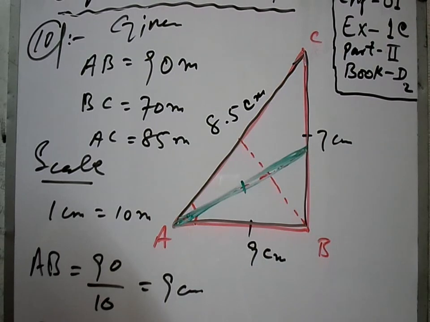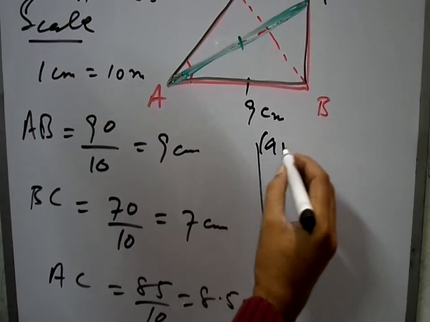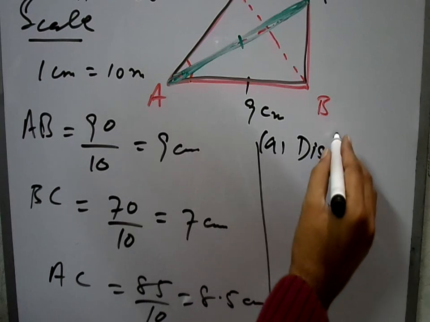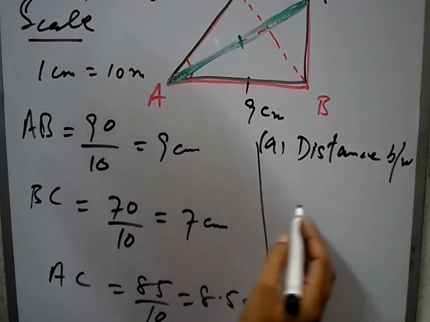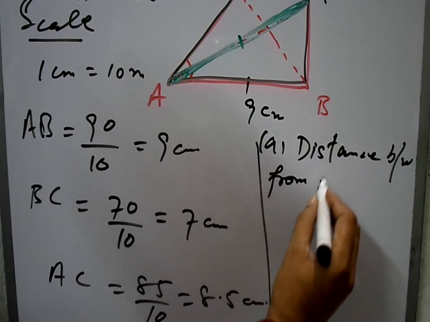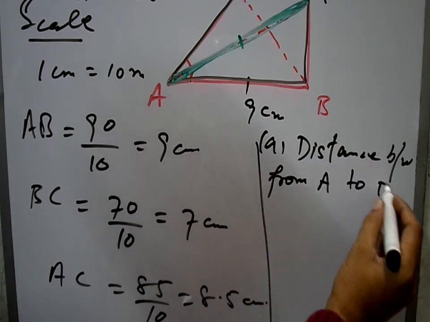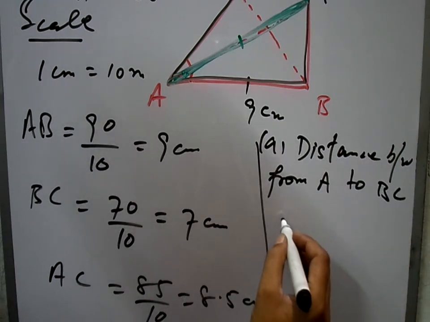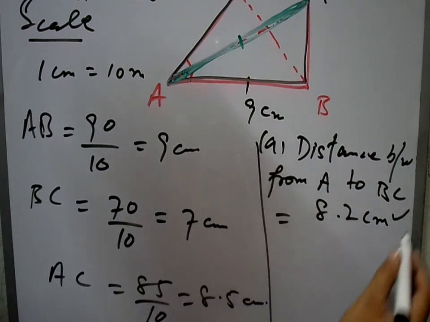So that is equal to, with the help of ruler you can find the distance in A part, from A to BC, that is equal to 8.2 centimeter.